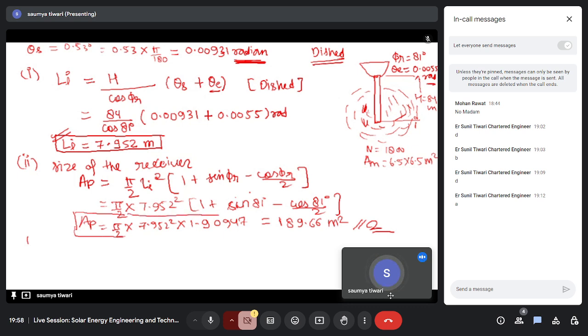Okay. Now we know the area of the receiver, we know the length of the image. We have been asked to calculate the concentration ratio.